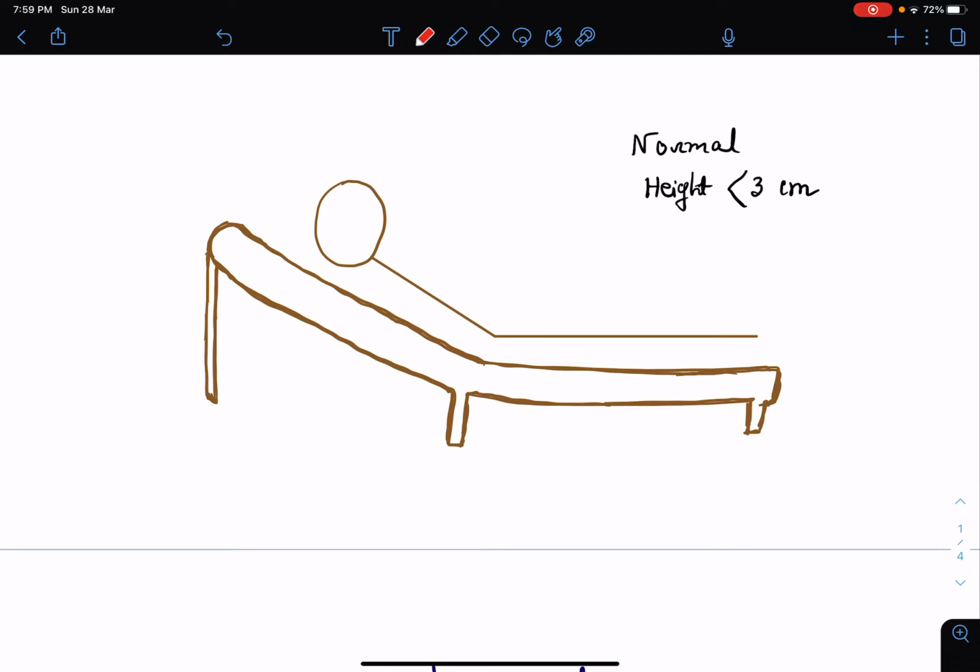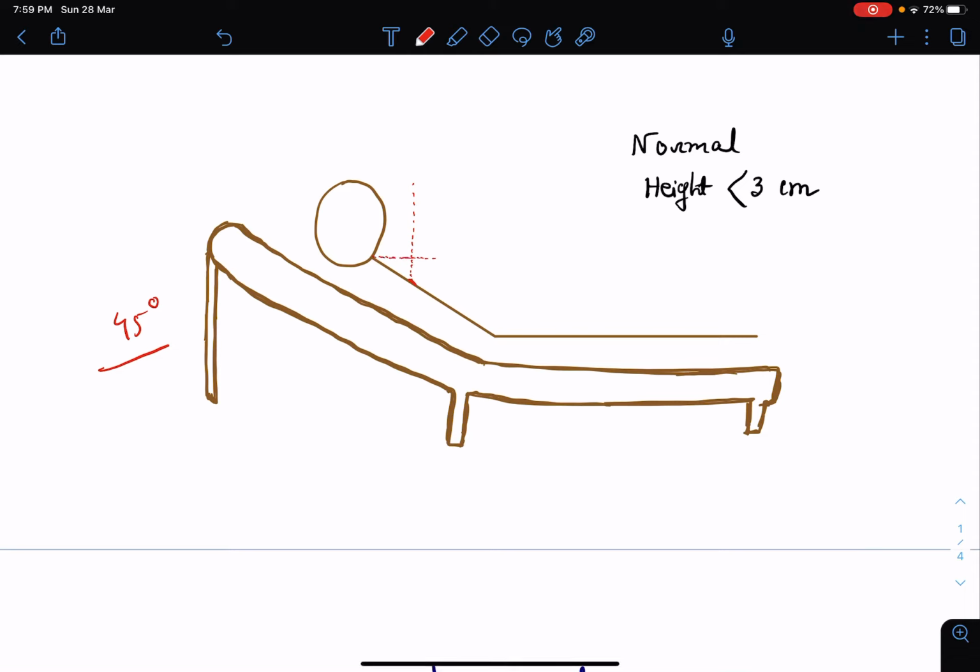We should make the patient lie down at 45 degree position, and then we should take the vertical height from the sternal angle. Suppose this is the sternal angle, then we will take the vertical height from the sternal angle, and we will see the height of the JVP.